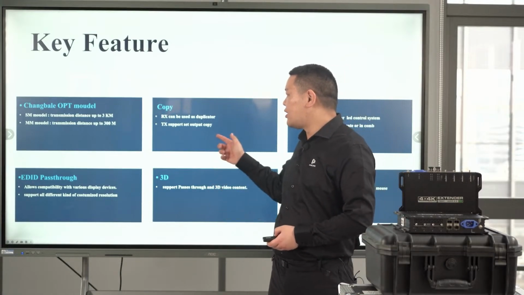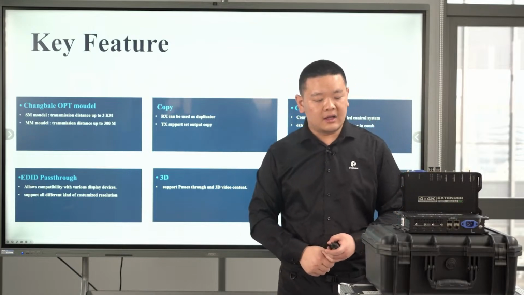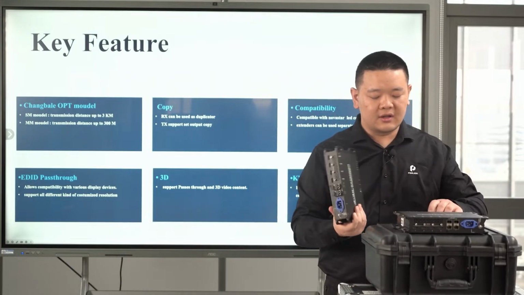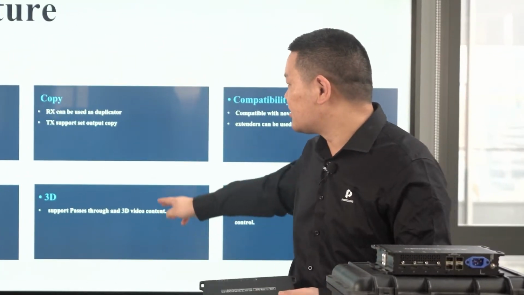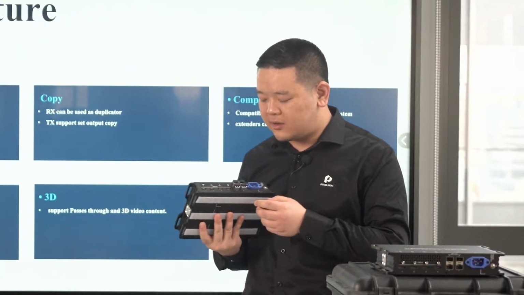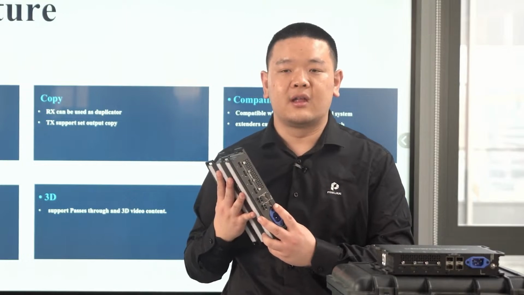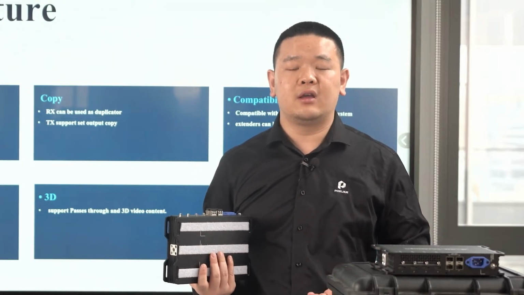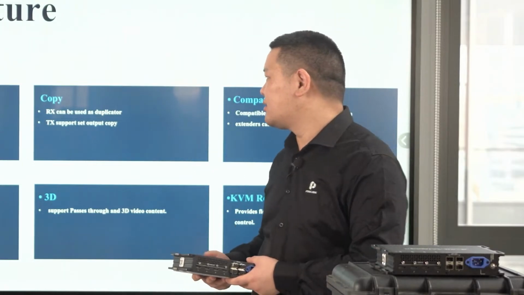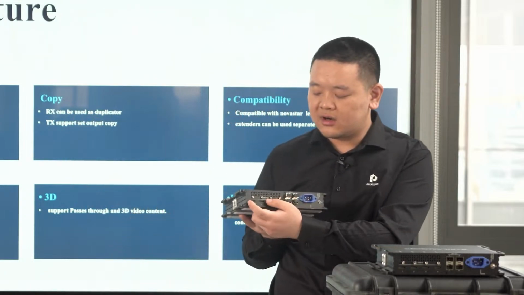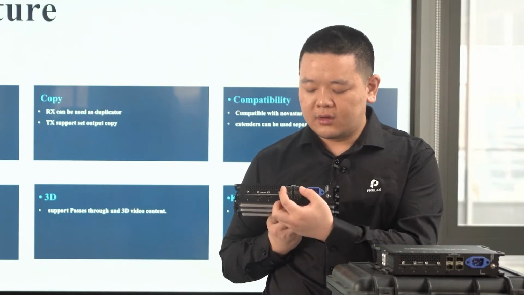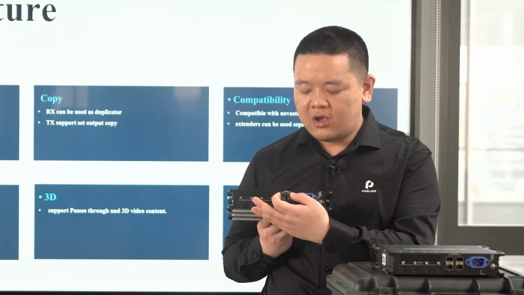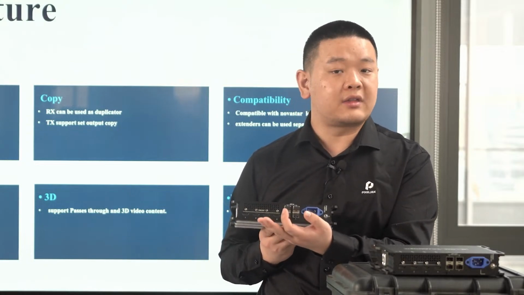And then it's the copy function. Let me do a simple explanation about this. We all know the signal is transferred through fiber cables, but sometimes they are very easy to damage. So we designed the copy function. Which means when you input one signal and turn on the copy function, you will get 2 outputs, the exactly same signal.